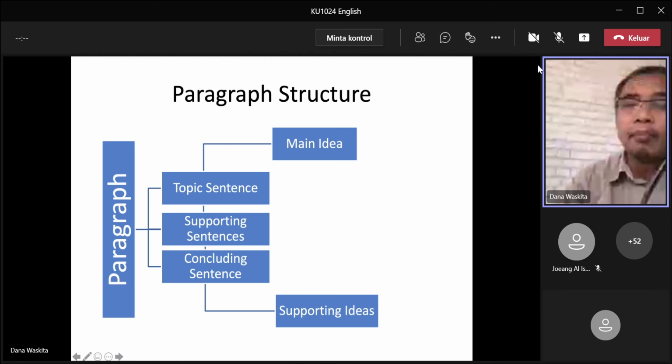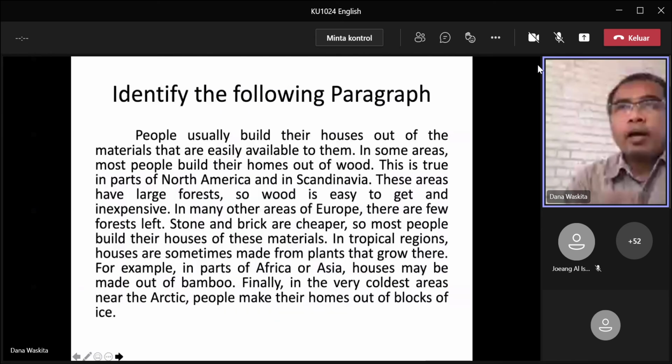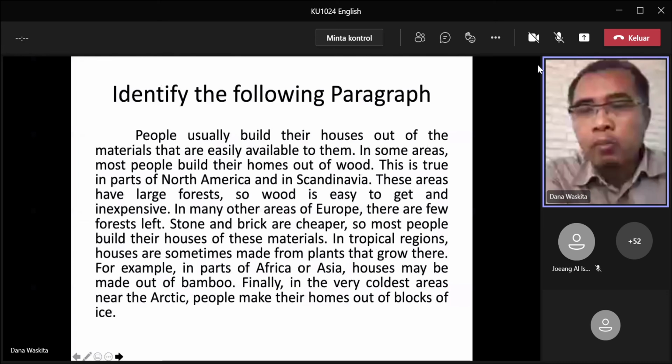Okay, we can try to identify the structure of the paragraph itself. Ya, tadi kita lihat the paragraph structure. In the paragraph we can have a topic sentence and supporting sentences, and maybe we can find the concluding sentence.